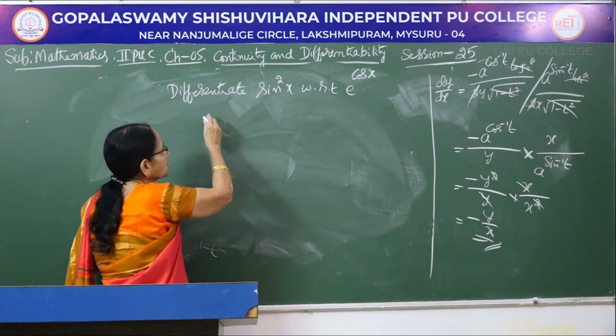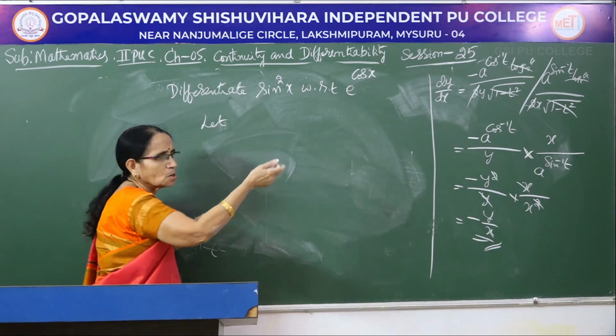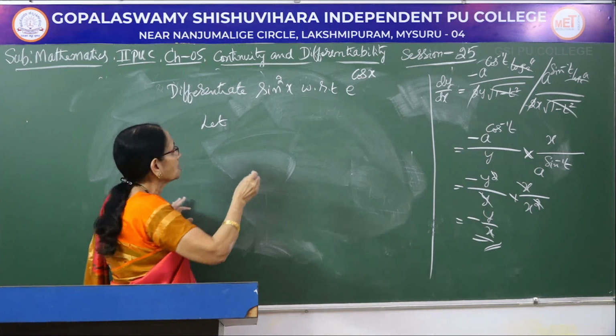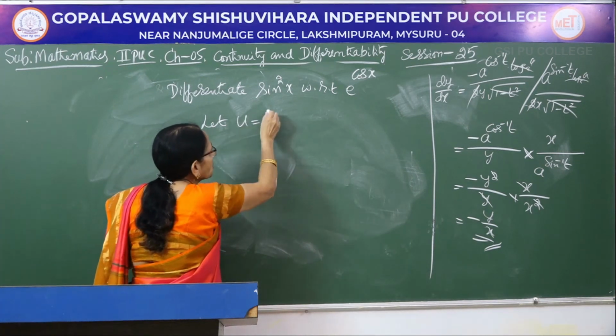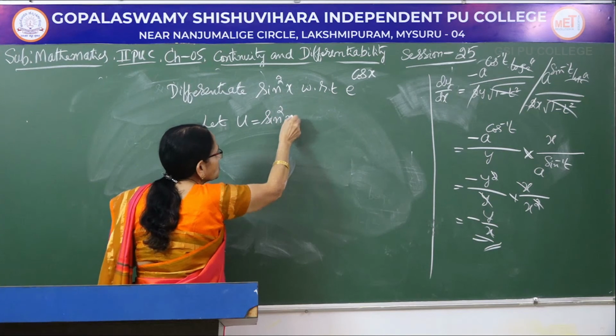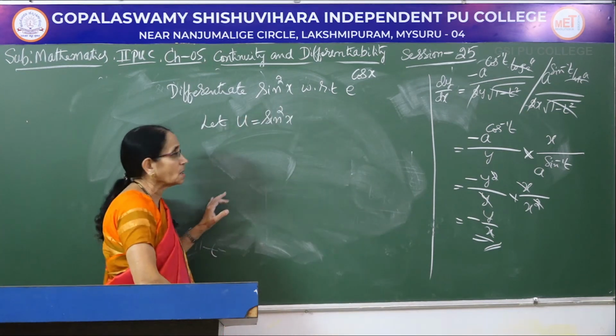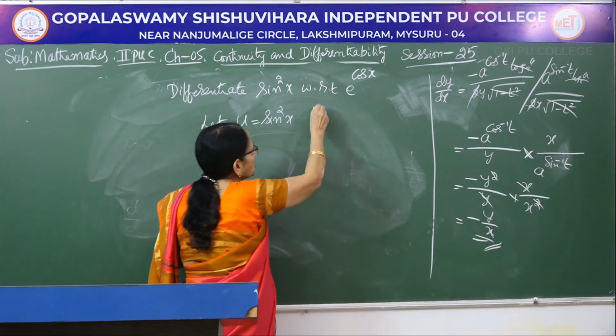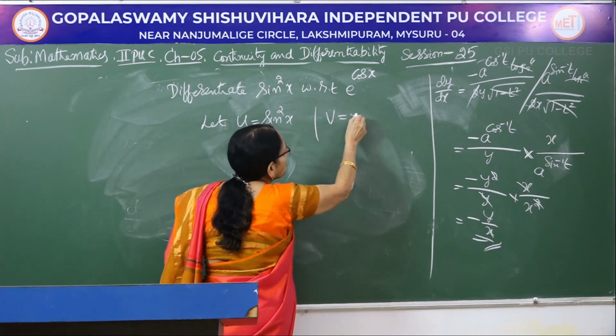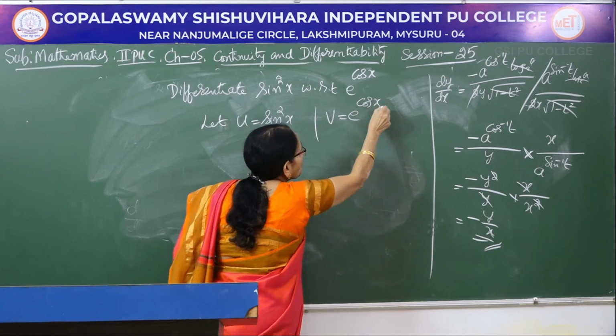Now, take the first function. You can use any alphabet, y or z, something like that. Let u be equal to sin square x, because we are differentiating this with respect to that. So, u equal to sin square x, and then let v be equal to e to the power cos x.